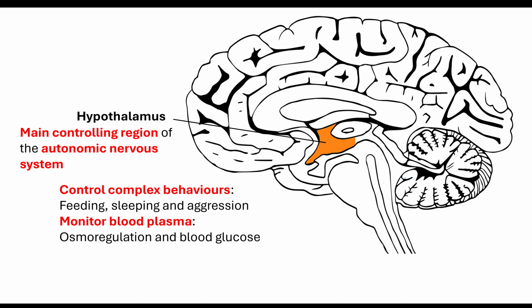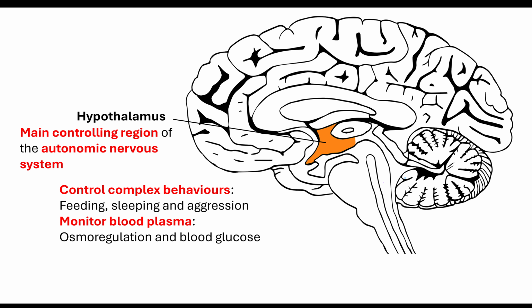We've talked about the blood sugar levels when we looked at hormonal control and our release of insulin, but what you need to understand is that the hypothalamus will also monitor the blood sugar levels and then send electrical impulses to the pancreatic beta cells to release insulin if that is required, or to release glucagon if that is required.